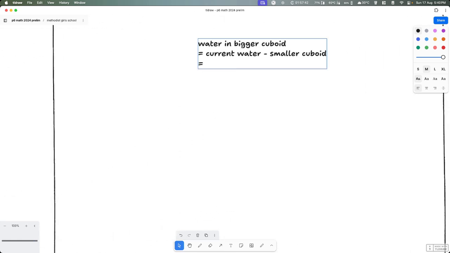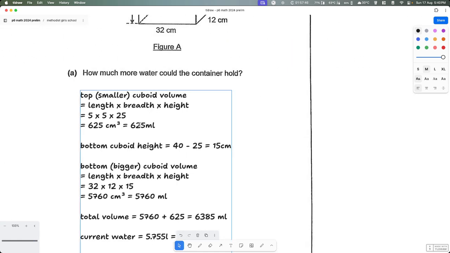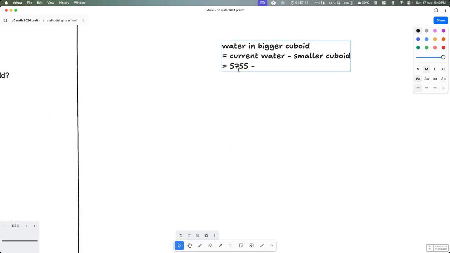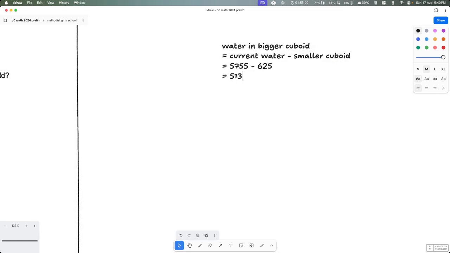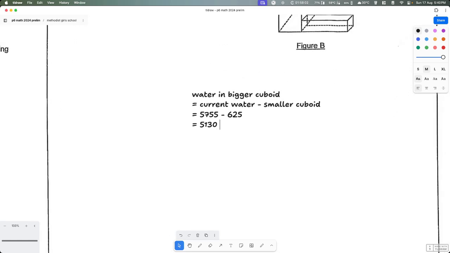So the current water is 5,755 milliliters, minus the smaller cuboid, 625 milliliters. And this will give us 5755 minus 625, which is 5,130 milliliters, or centimeter cube.